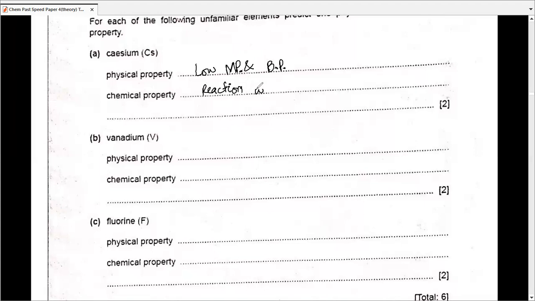Very good. Group 1 metals react with water to form a strong alkaline solution and hydrogen. Good, perfect.